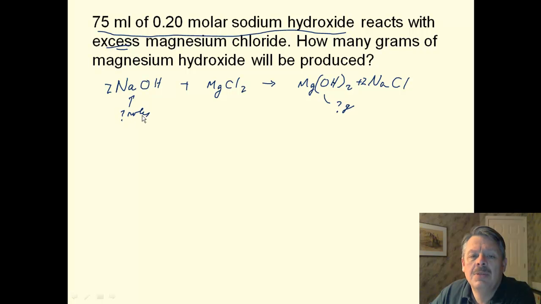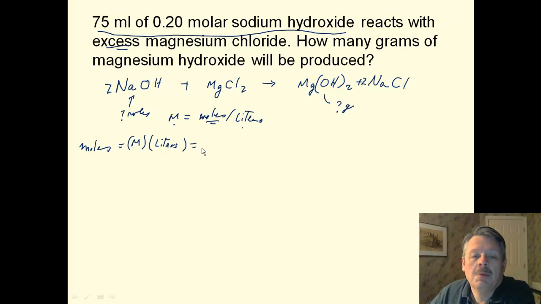Well, how do I do that? I have molarity. Molarity is equal to moles per liter. So if I want to solve for moles, all I have to do is multiply molarity times liters. So moles is going to be my molarity times my volume, which is in liters.